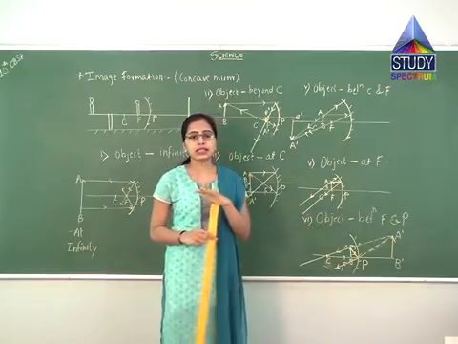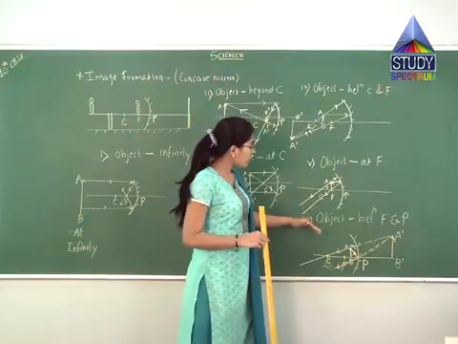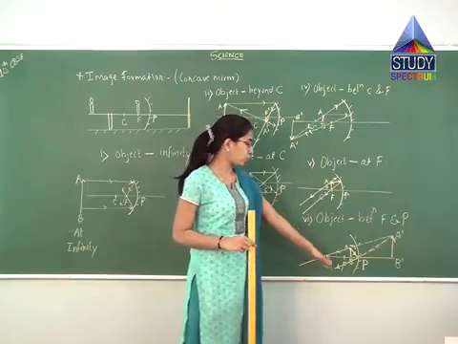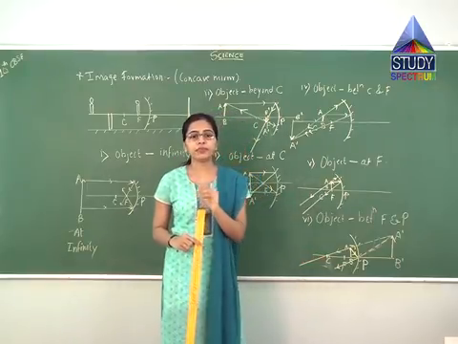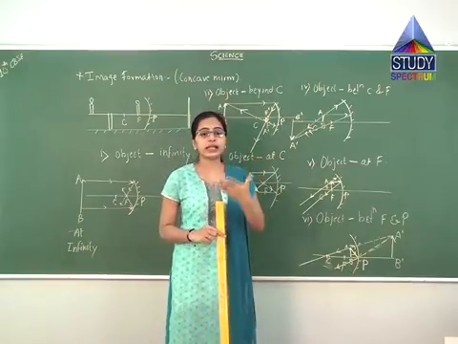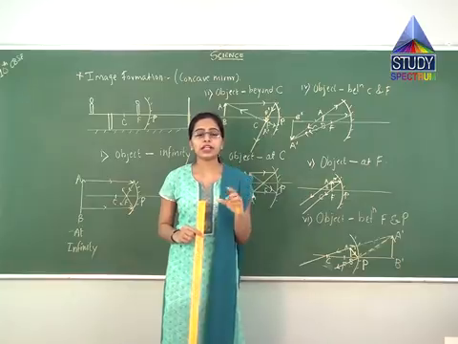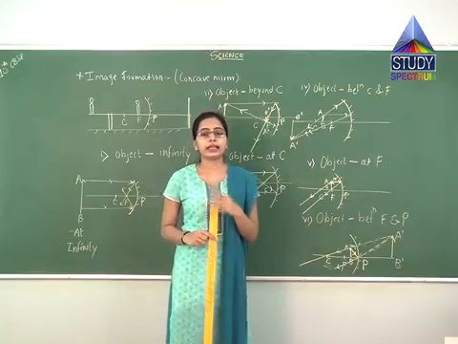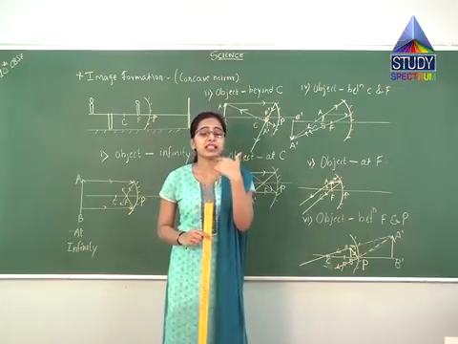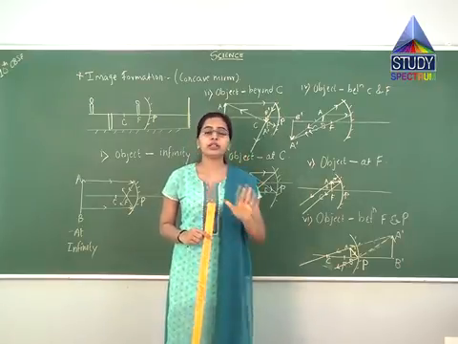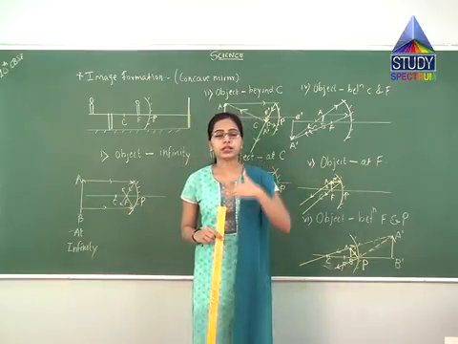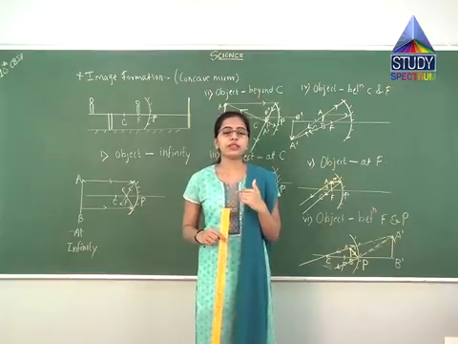Then again in the last case, we are putting our object between F, that is focus, and pole, that is P. Then we got the image behind the mirror, inside the mirror we can say, it is enlarged, virtual and erect, means it is not inverted, it is a straight image, an erect image, but it is virtual, means it is not the real image. So we will tabulate this in a table so that it will be easy to remember.